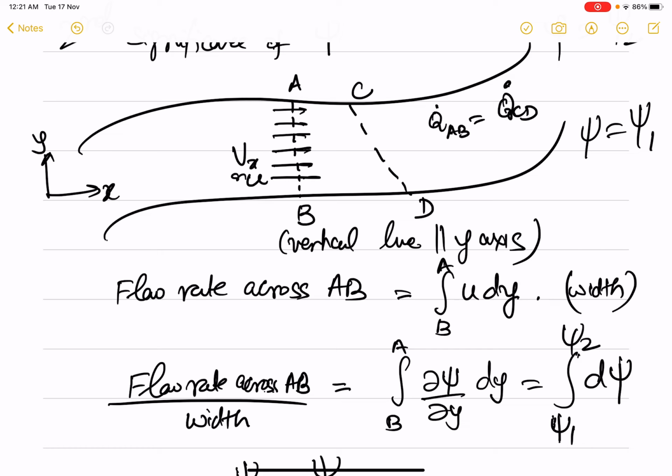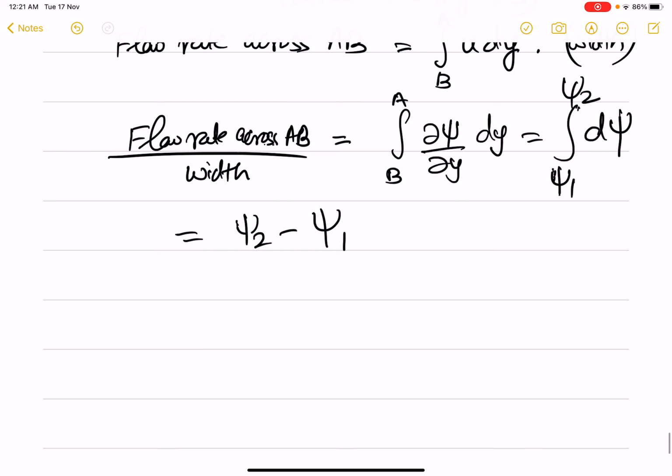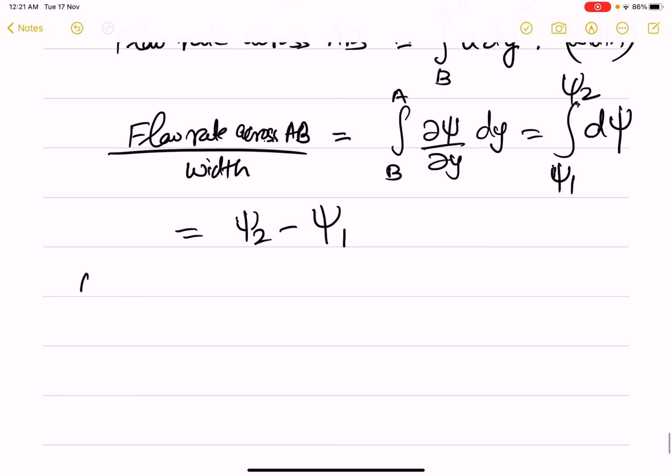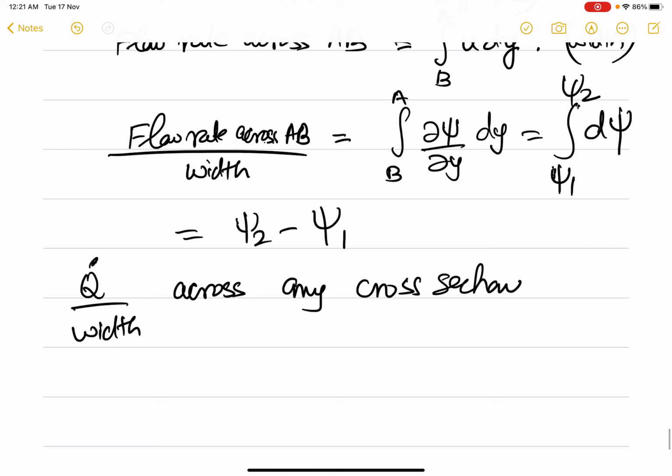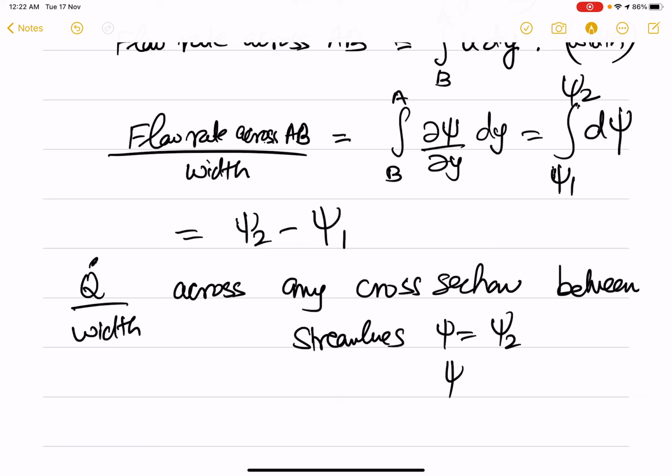So between any two, flow rate per unit width across any cross section, not just a vertical cross section, across any cross section between streamlines psi is equal to psi 2 and psi is equal to psi 1, is given by psi 2 minus psi 1.